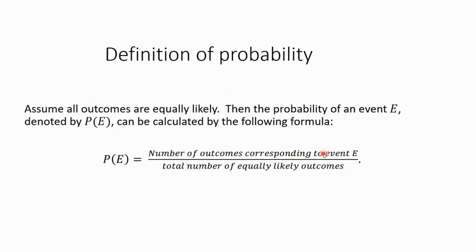The total number here is usually the size of the sample space, meaning how many outcomes are in there. And the numerator here is how many outcomes are in event E. That's what probability is.